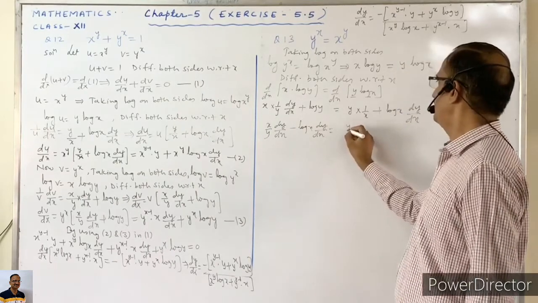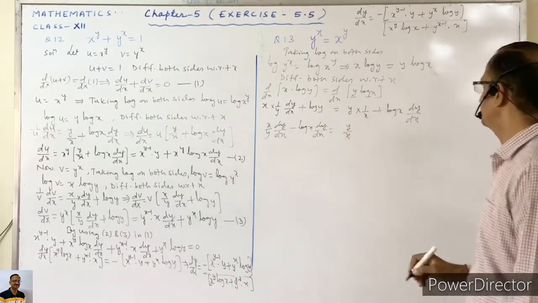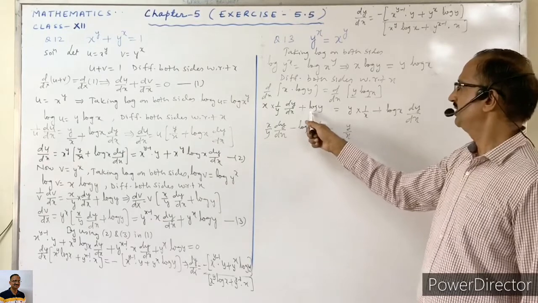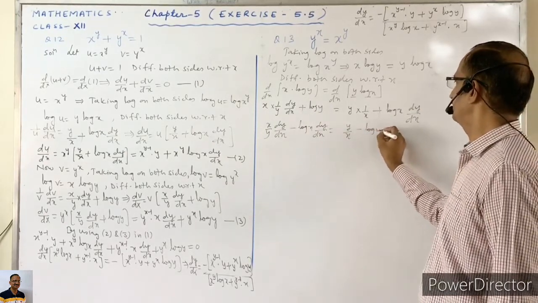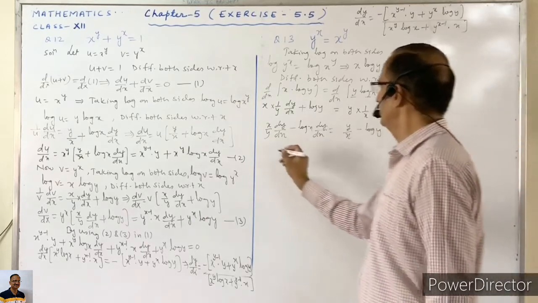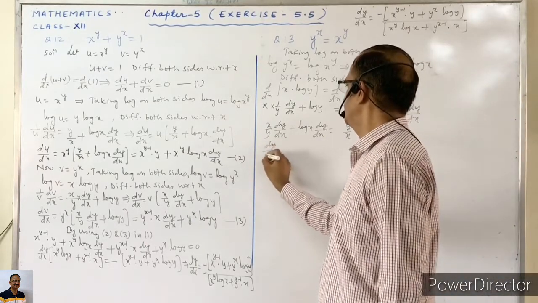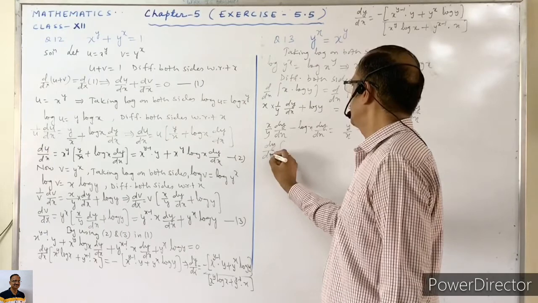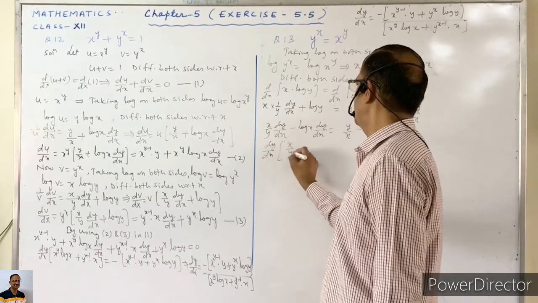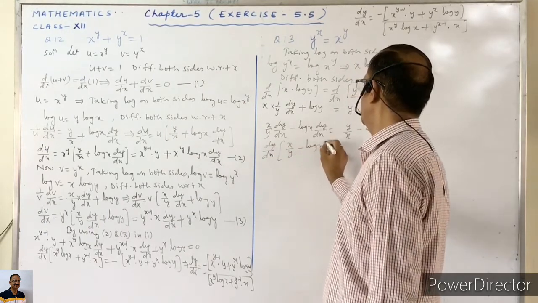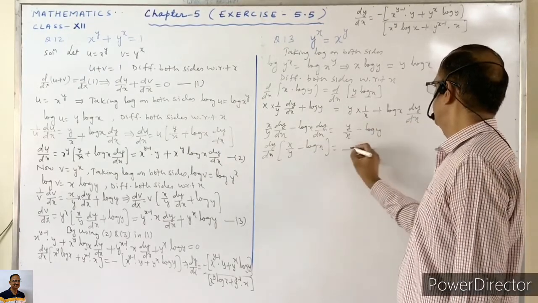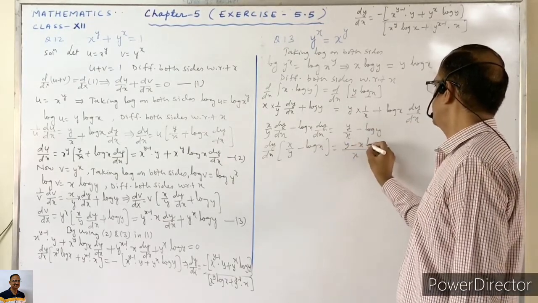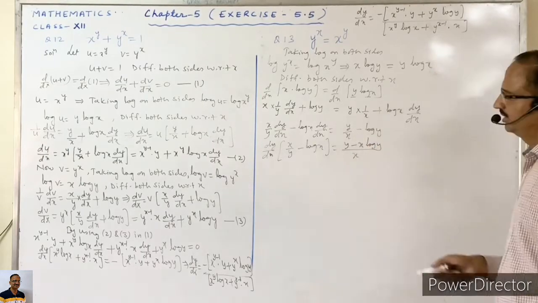We have y by x on the right hand side, and we will transfer this term on the right hand side, so we will get minus log y. Now dy by dx is common, so in the bracket we have x by y minus log x. On right hand side we have y by x minus log y.